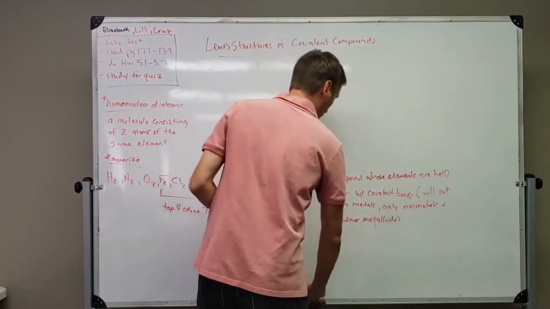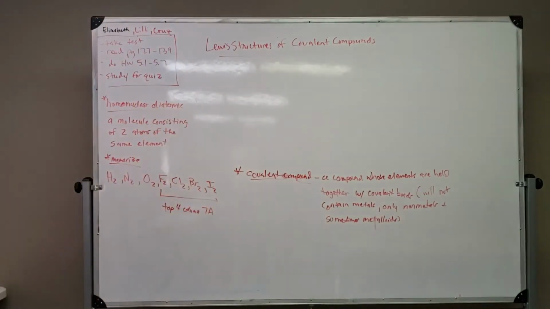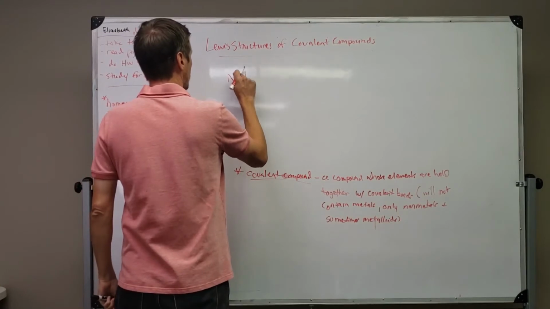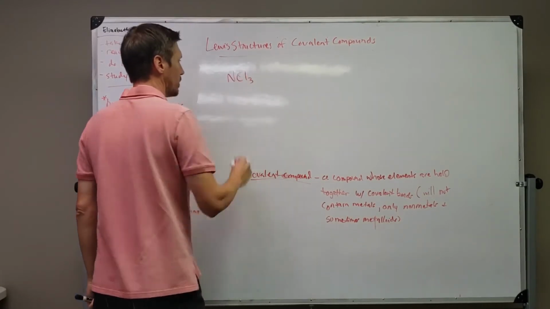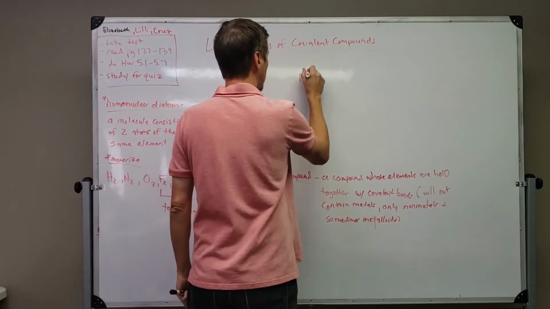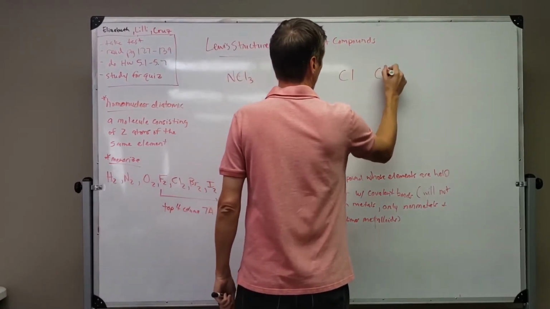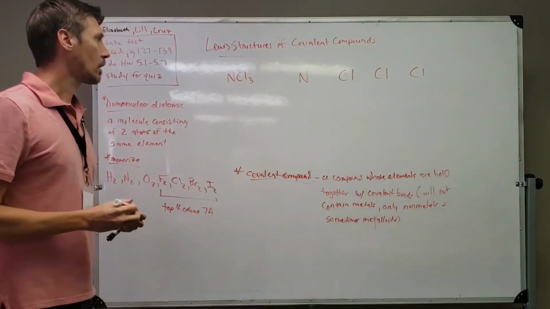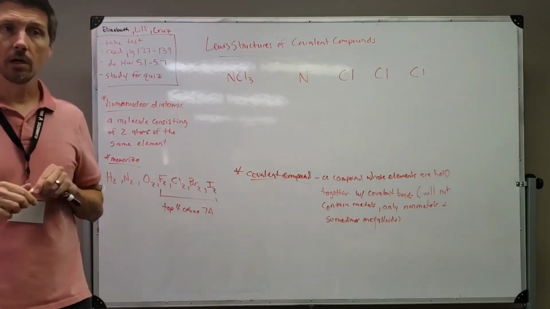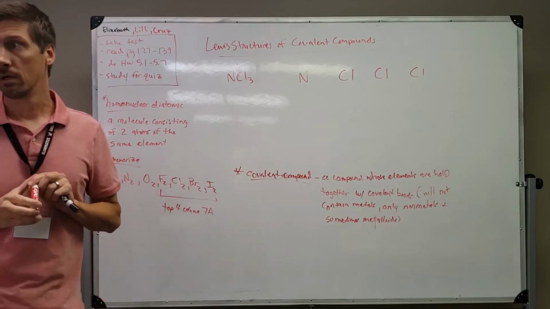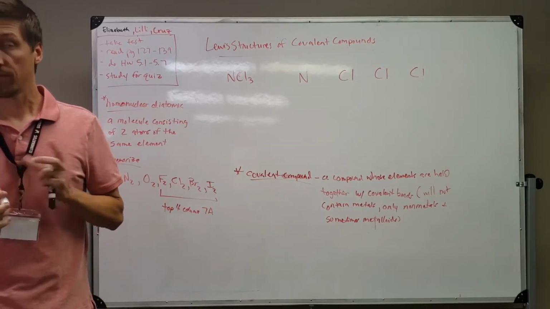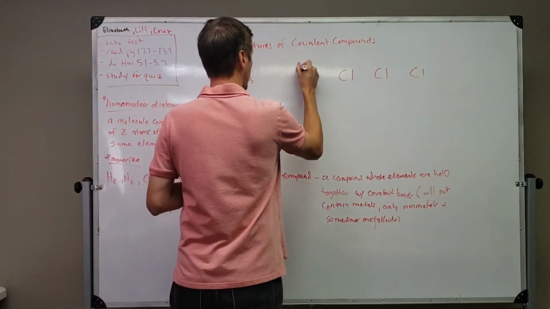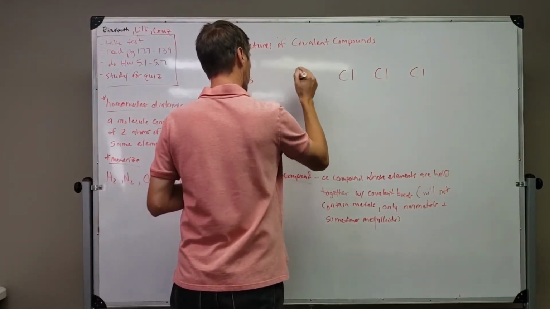So we know we've got 1 nitrogen atom and 3 Cl atoms, right? Nitrogen is in which column? 5A, so it has how many valence electrons? 5, right? So I'm going to draw those like this.